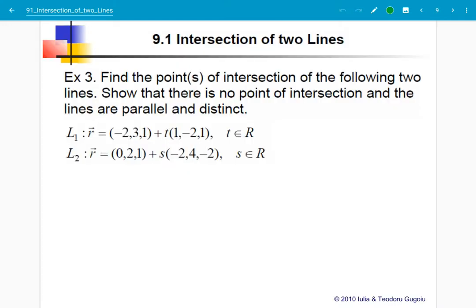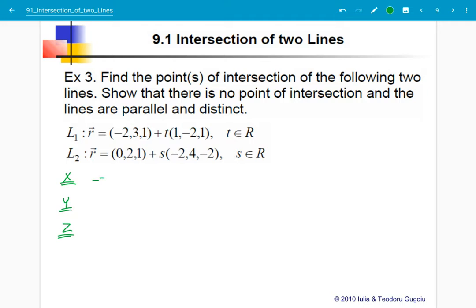So it still starts off with trying to find a solution, and that sort of thing. So go ahead and set up your parametrics and try to solve it, and then look at whether or not they're parallel. Pause the video and give it a go. Okay, so now the x component, the y components, and the z components.